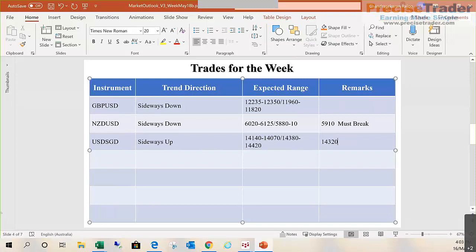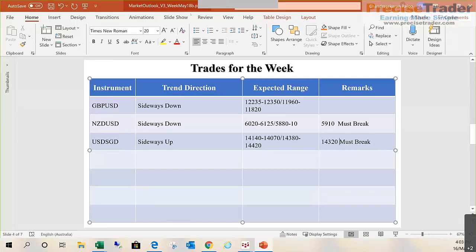So if it doesn't break, then we may expect the market to fall back into the range. The range would be between 141.40 to 143.20, or even 140.70 to 143.20. But if it definitely breaks 143.20, then we are expecting the price to move higher.